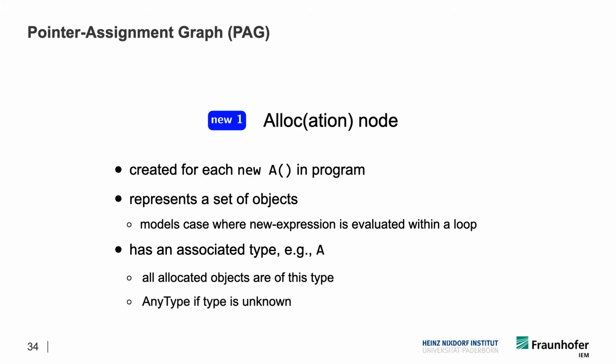There can be some cases where the type is unknown, in particular when you're using reflection, for instance, in Java. Sometimes statically you can only figure out that something is being allocated, but not really which type is being allocated. And in Spark, this is actually represented by a special type, any type.